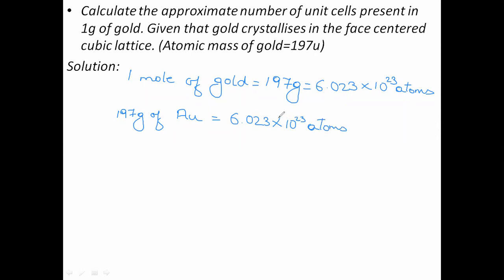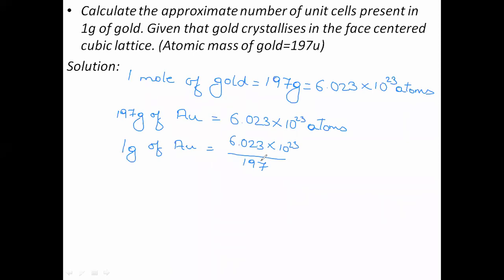But the big question is, do we have 197 gram? No, we don't have 197 gram. What we have been given is 1 gram. So if 197 gram contains Avogadro's number of atoms, 1 gram of gold will contain how much? I hope everyone knows this. It is the unitary method. So 6.023 into 10 to the power 23 by 197. I hope it's fine.